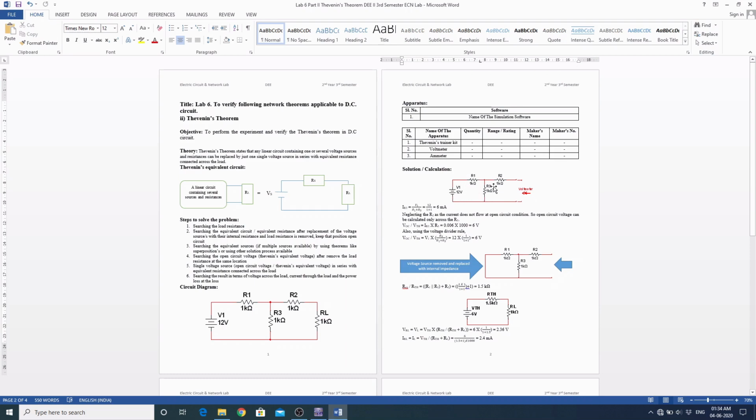So V1 by R1 plus R3 becomes 12 by 1 plus 1 kilo ohms. In the denominator there is kilo ohms, so if I divide 12 by 2, 6 milliampere will come, since volt by kilo ohm gives the result in milliampere.